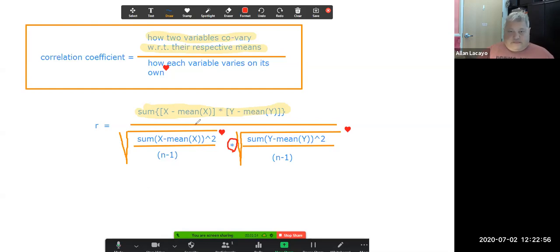Now, if you notice, both the numerators and the denominators have interesting characteristics or structures. The square roots at the bottom are what we call the standard deviations of x and y, respectively.